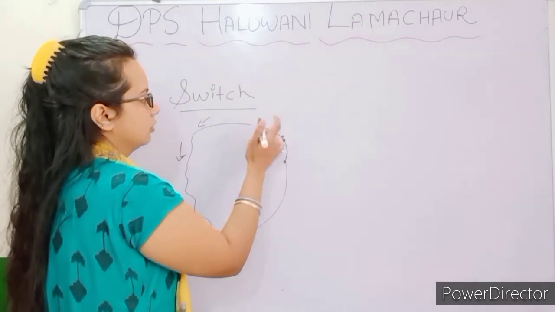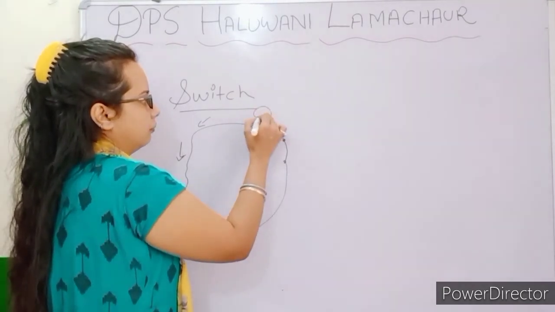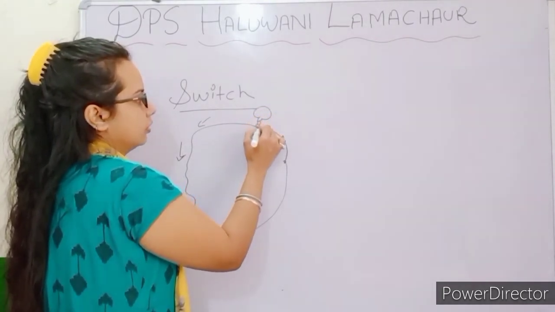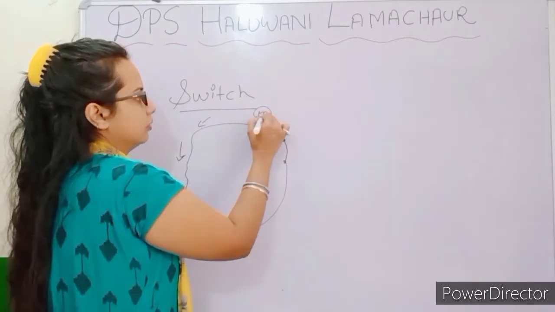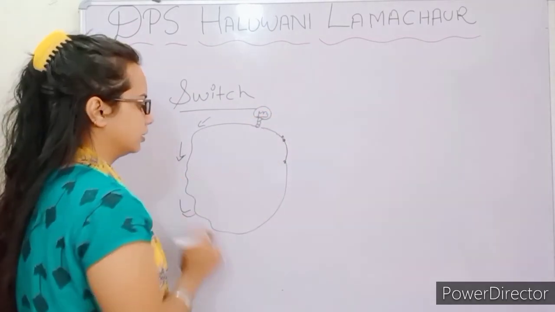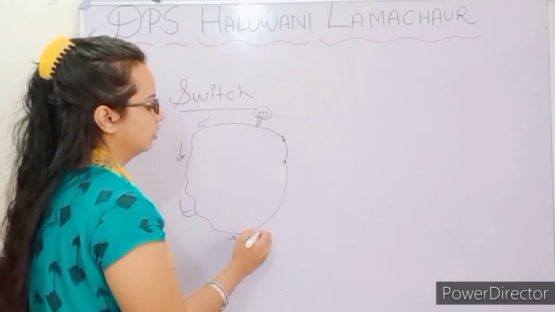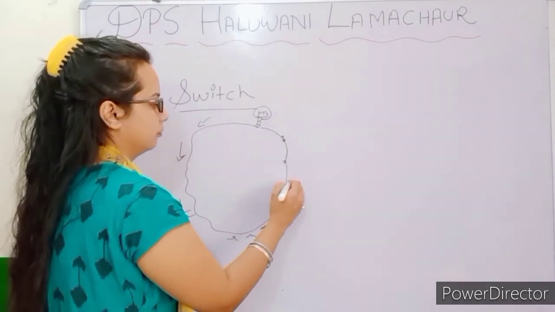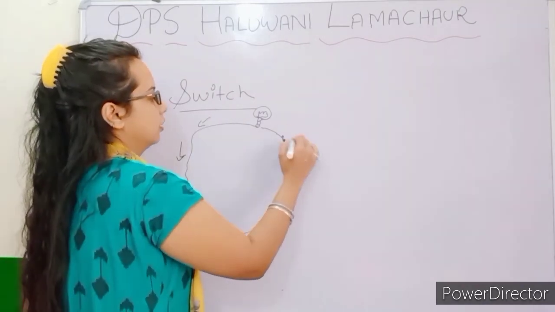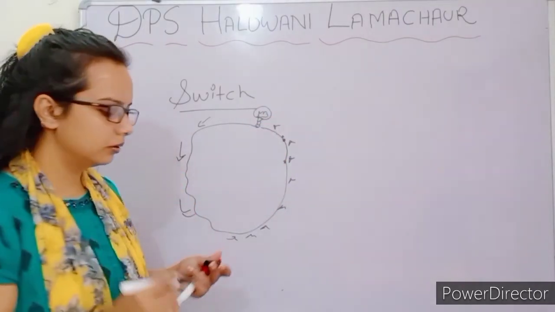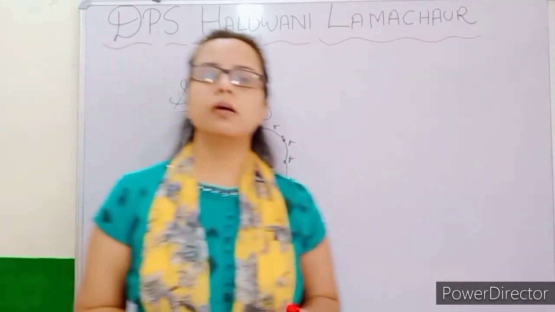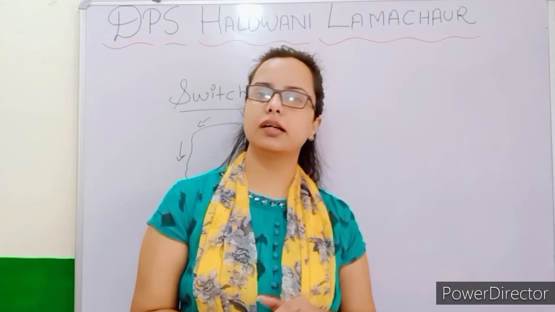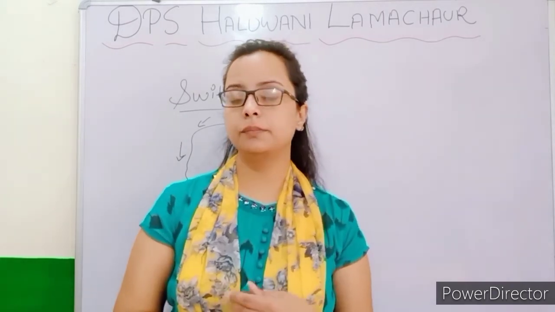Here I can make a bulb, for example this is a bulb, and when this circuit is complete, your bulb will start glowing. So student, this chapter ends here.